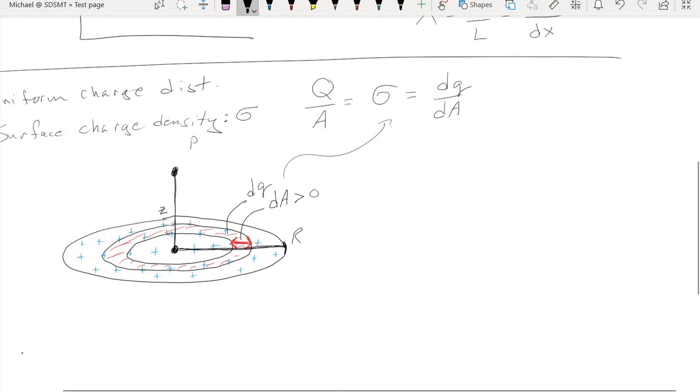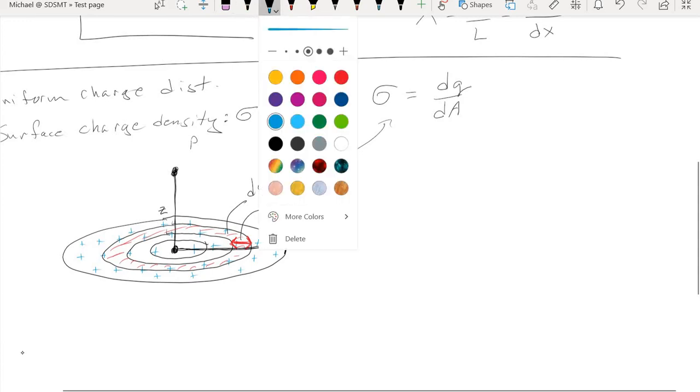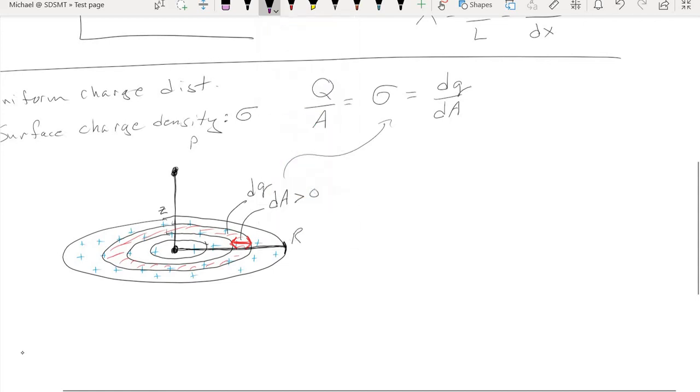For every other ring that we try to put in here, so maybe there's another ring which is smaller, and let's see what color I should use. Maybe I'll try purple. So this next ring here is also going to have an infinitesimal surface area, but obviously it's smaller than the first one that we drew.